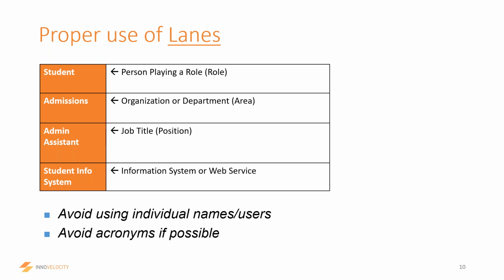So we tried to turn that into a role where there'd be multiple people that could be involved. We also recommend avoiding the use of acronyms if possible. Even within an organization, sometimes people have differing understanding of acronyms, and it's always better to actually spell out precisely what it is that the acronym is representing.